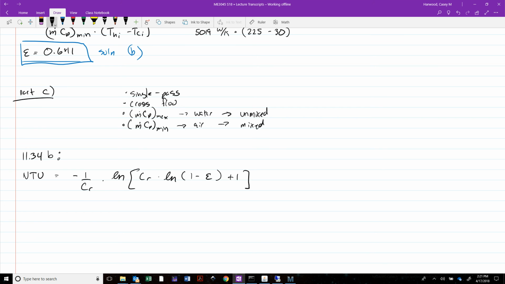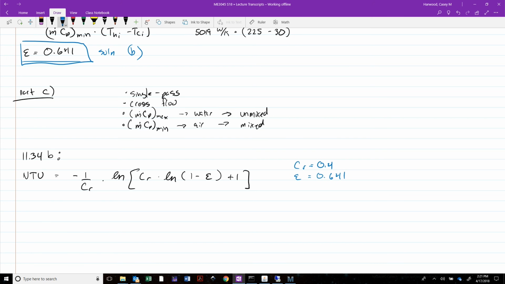All right, so give me a moment to dial this into my calculator. So we're working with C sub r equal to 0.4 and epsilon equal to 0.641.